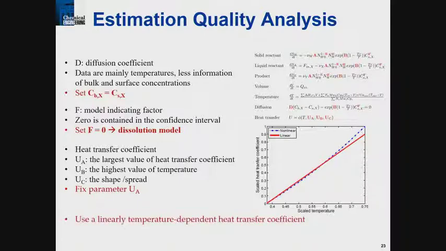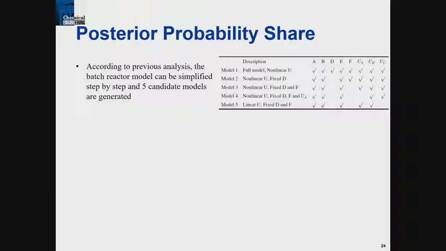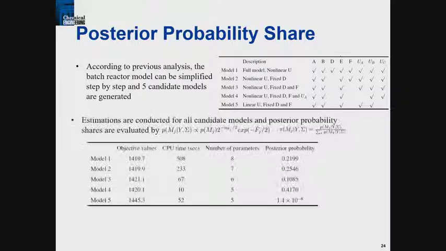If we use a linearly dependent heat transfer coefficient on temperature, it might look like that, but we have other options too where we don't need 3 parameters to do the fit. So now I have 5 models here based on how I want to choose my parameters, and what I'm going to do with those 5 models is calculate a posterior probability, and I'm going to look at the probability share.